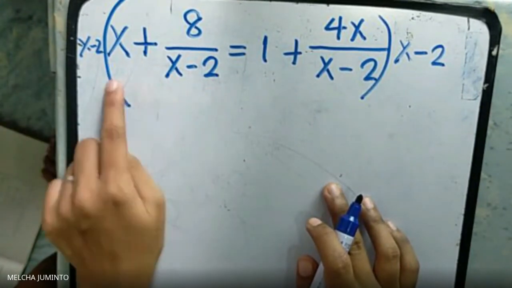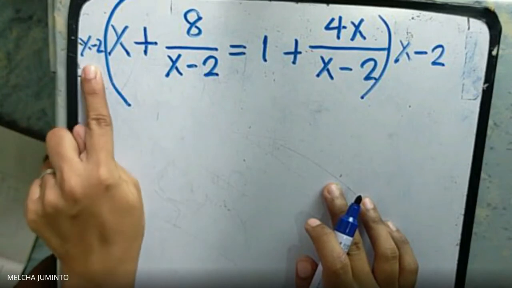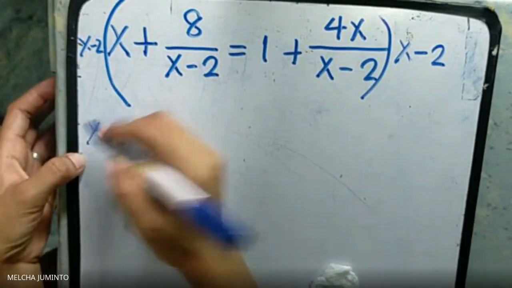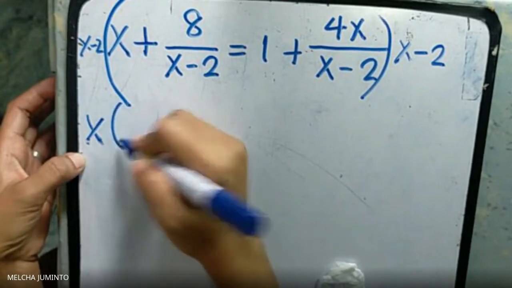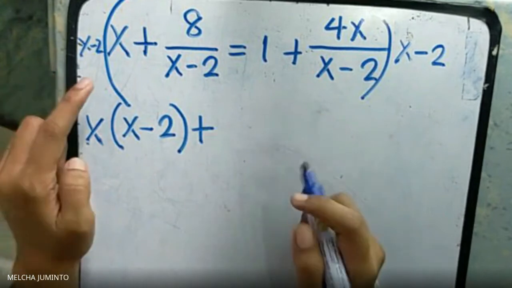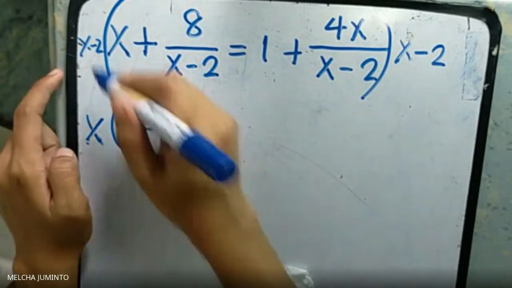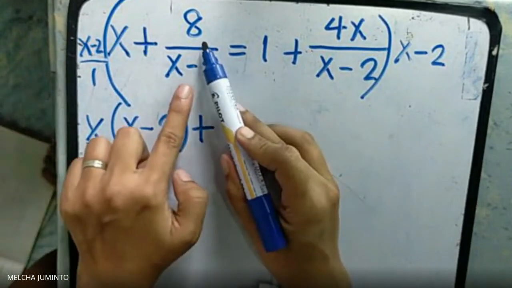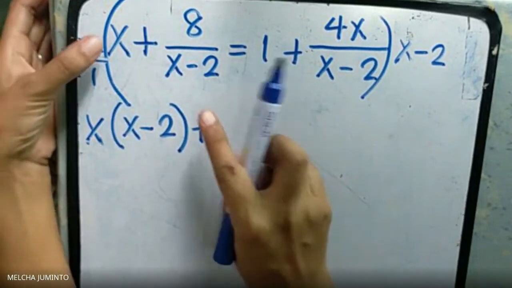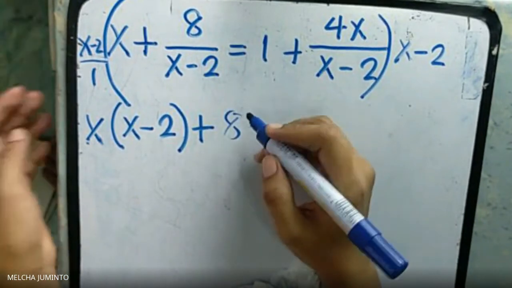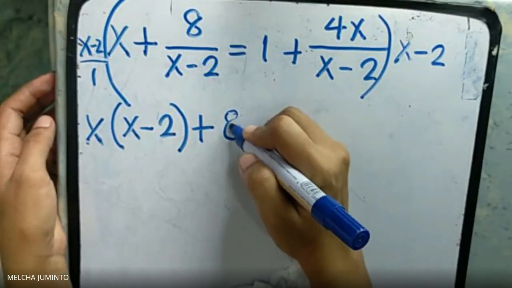Both of these two terms will be multiplied with the binomial x minus 2. So first, we multiply x, the first term x, with the LCD x minus 2. Plus, once we multiply x minus 2, which is in the numerator, with the fraction 8 over x minus 2, we will cancel out x minus 2. What remains is 8.